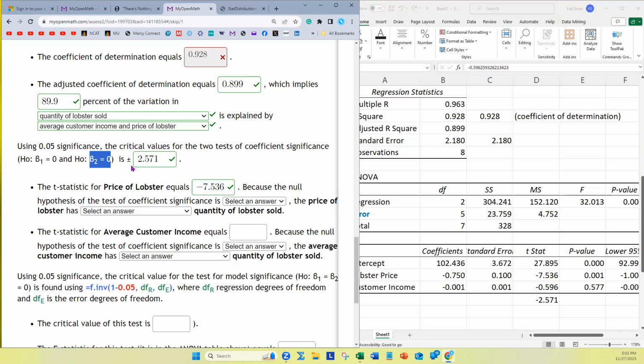Why? Because there is only one 0 on the number line. There are infinitely many values that beta 1 could be, right? So the probability of your estimate for beta 1 being equal to 0 is 0.